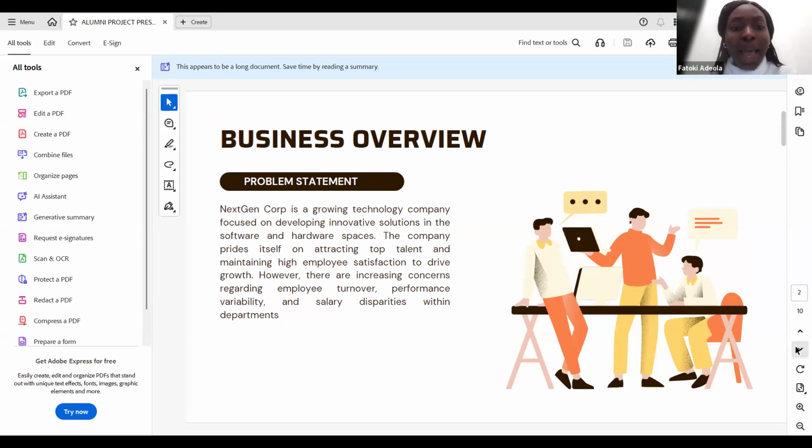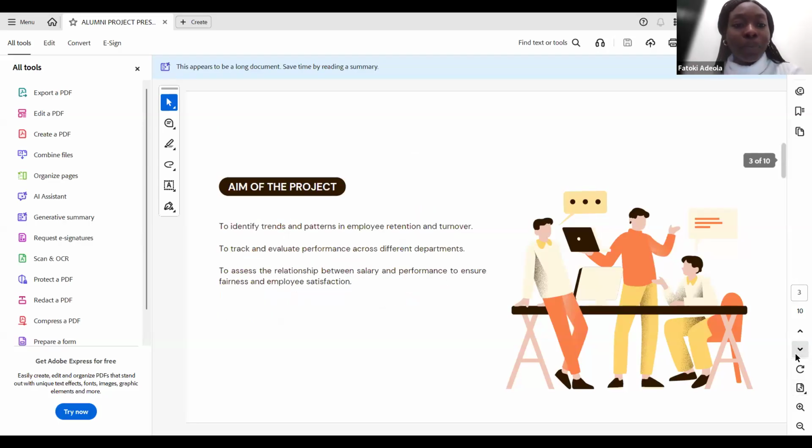NextGen Corp, as a growing technology company, is probably funded by international agencies, so it has investors and its own board, which have increasing concerns about employee turnover, performance variability, and salary disparities. So as an analyst, having looked at the problem statements, I was able to come up with this aim.